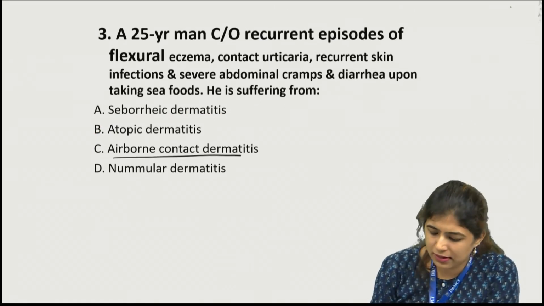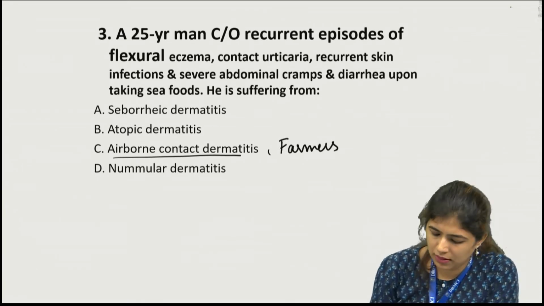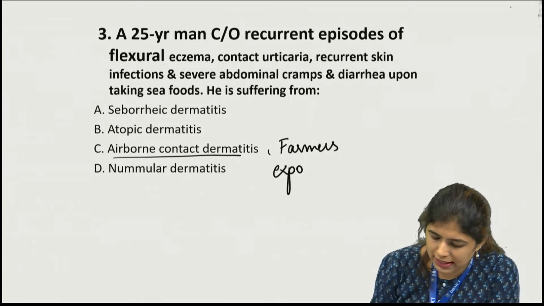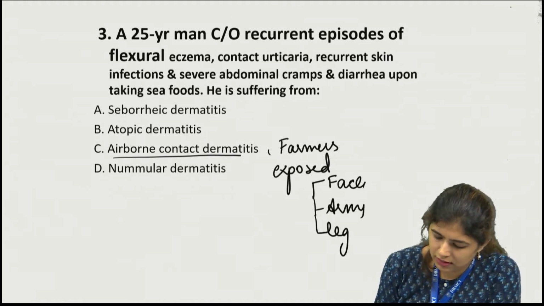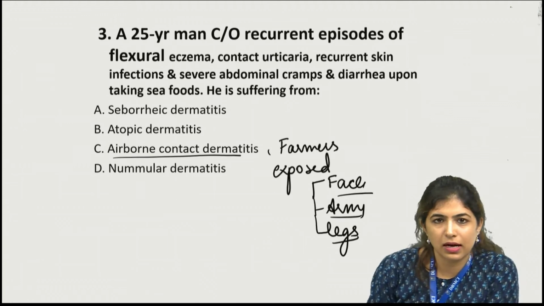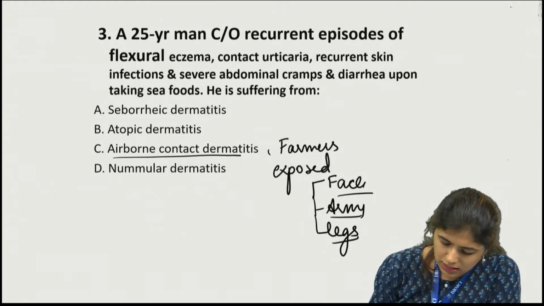Airborne contact dermatitis, generally seen in the farmers. Exposed sites will be affected, like the face, arms and legs. Again, nothing of that sort in the question. And nummular dermatitis is just another name for a type of eczema.